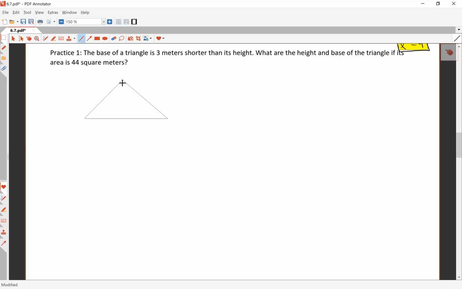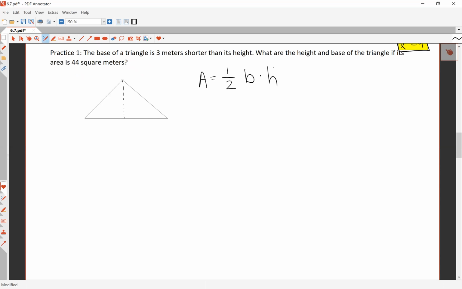What are the height and base of the triangle if its area is 44 square meters? Remember that the area of a triangle is 1/2 its base times its height.